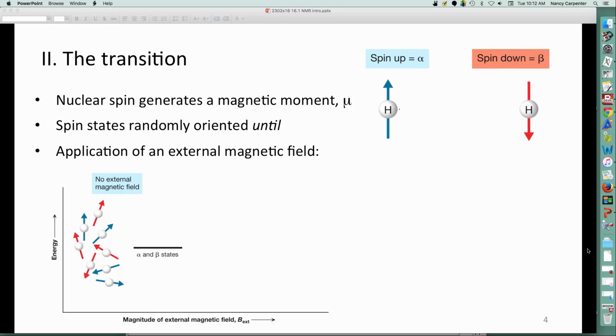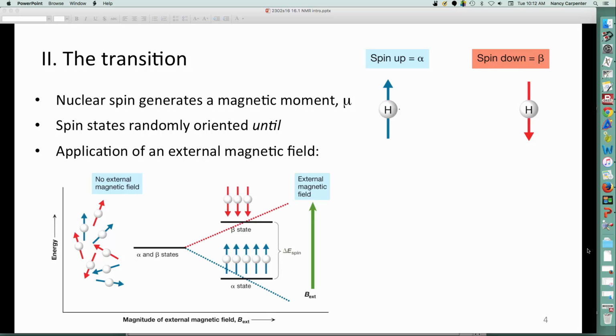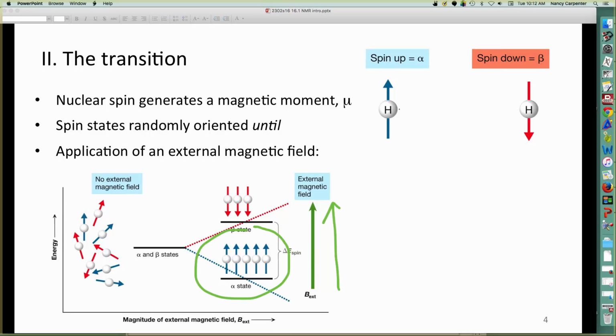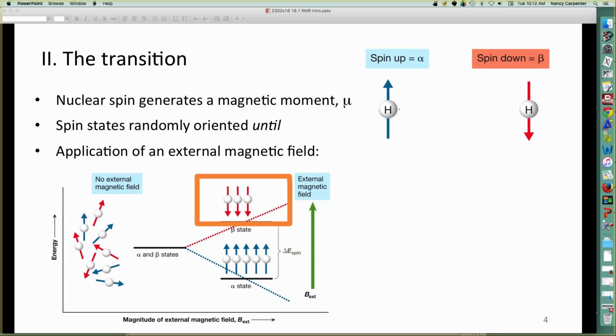However, that's only when there is no external magnetic field, because as you can imagine, once you place these little spinning magnets in an external magnetic field, there's going to be a differentiation in their energy levels, because those little spinning magnets that are oriented with the external magnetic field are going to be in a lower energy state than those that are bucking the field, if you will.